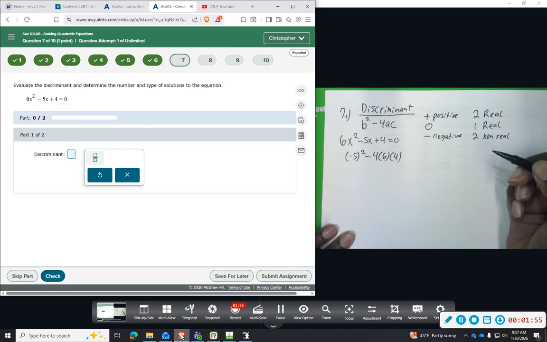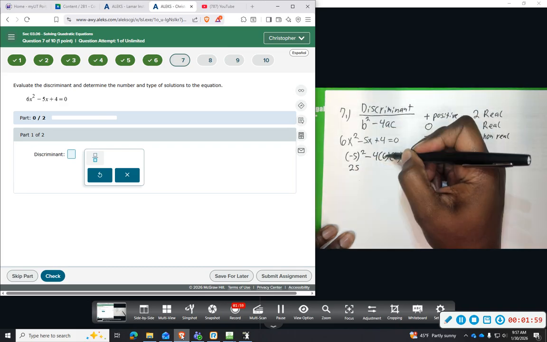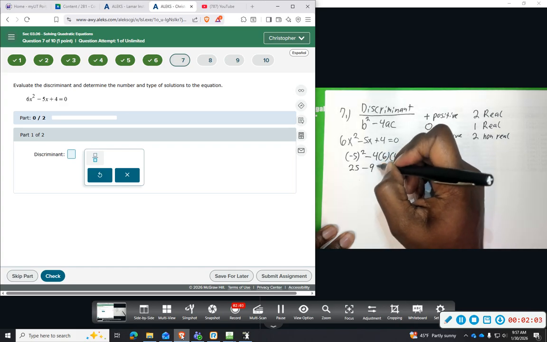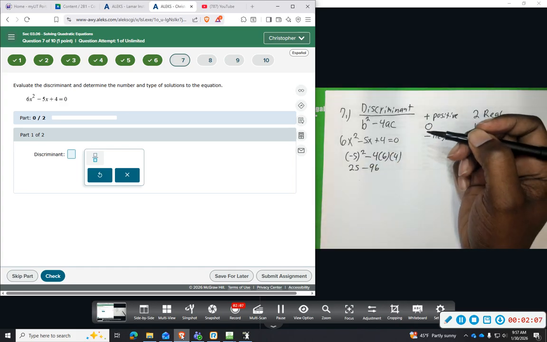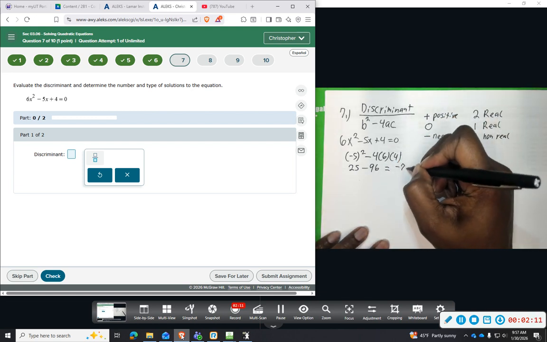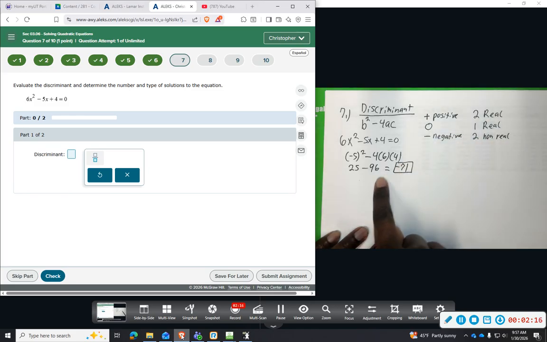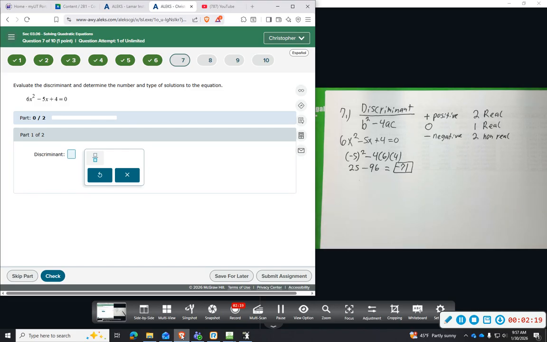So this is all we're going to be doing. So we got 25, 24 times 4, 96. So I can see that this is going to be negative. Looks like a negative 71. Okay. So our discriminant came out negative. So under the square root, we're going to have a negative, which means we're going to have 2 non-real or imaginary solutions.